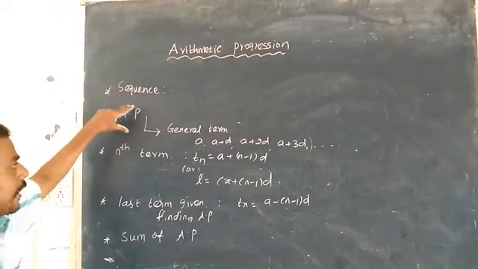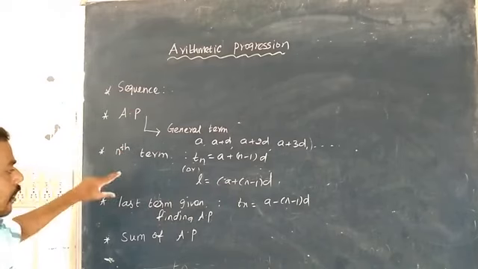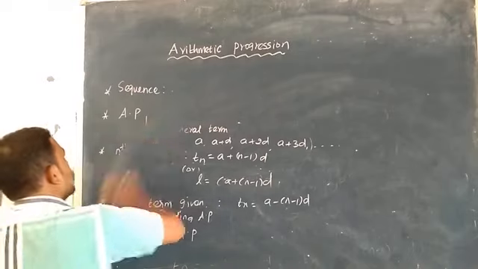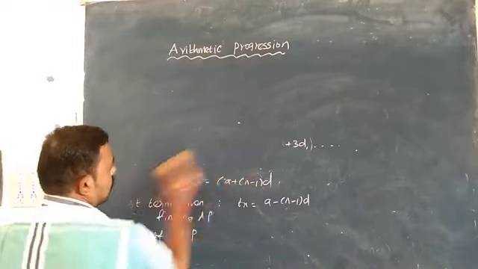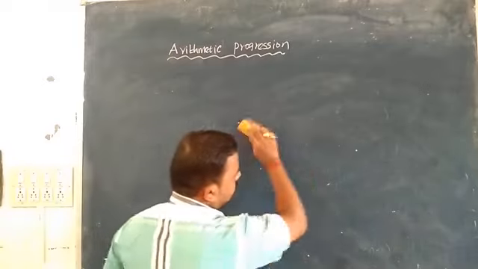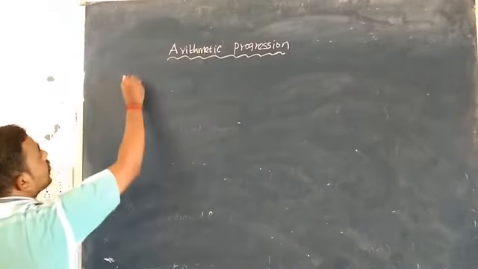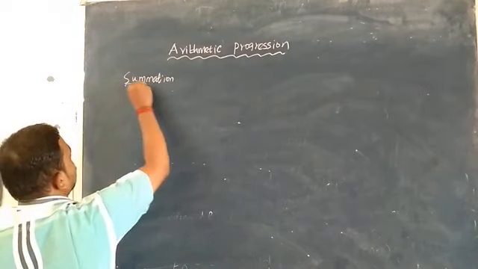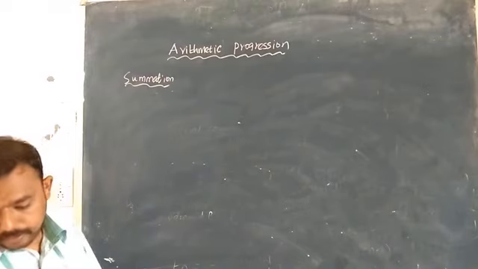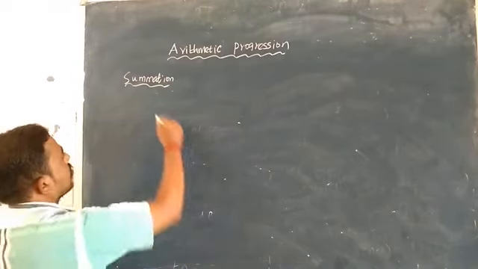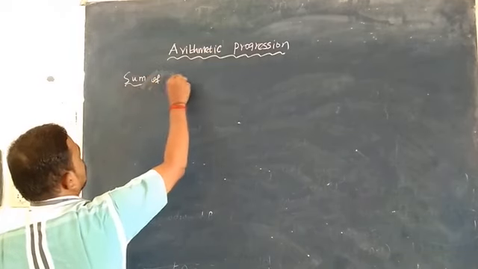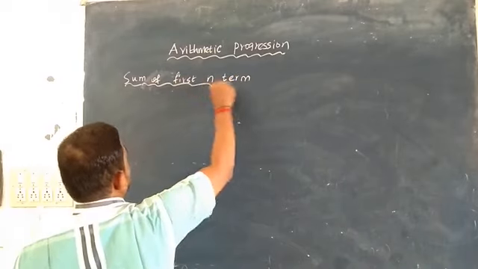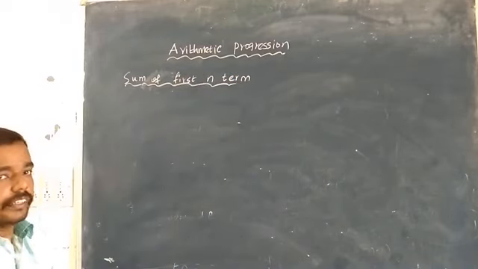Sequence from this AP, from this nth term, and finally the last term, and now we are going to find the sum of the first n terms of the AP.